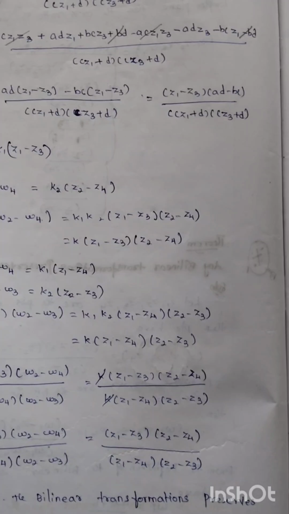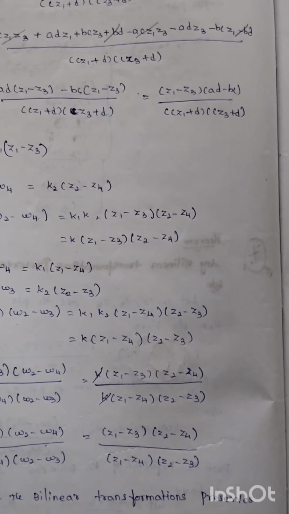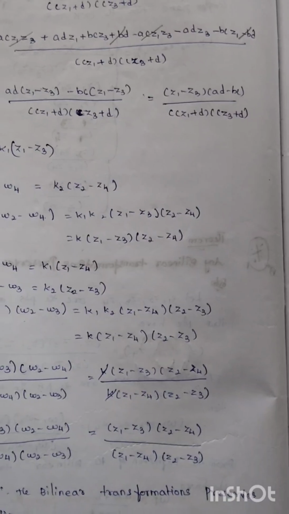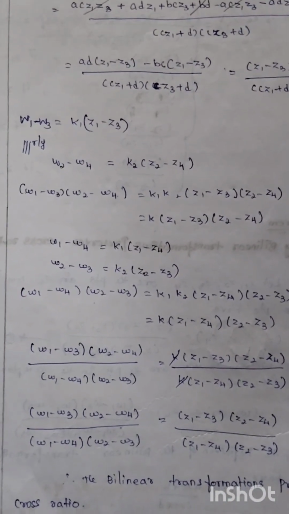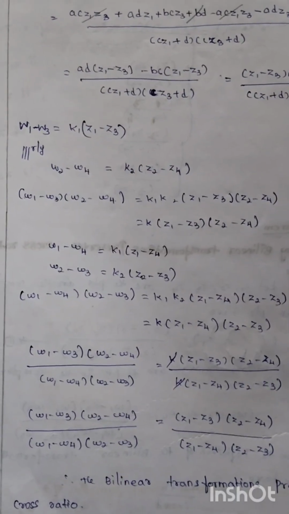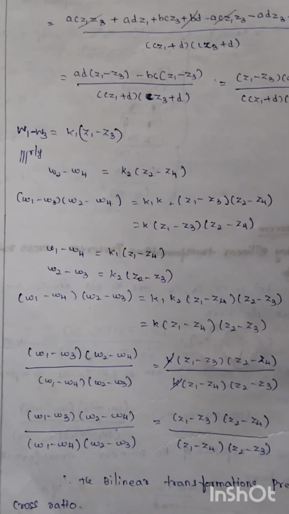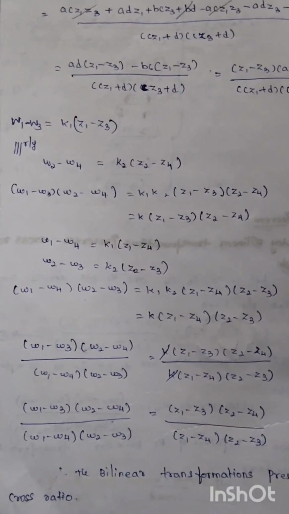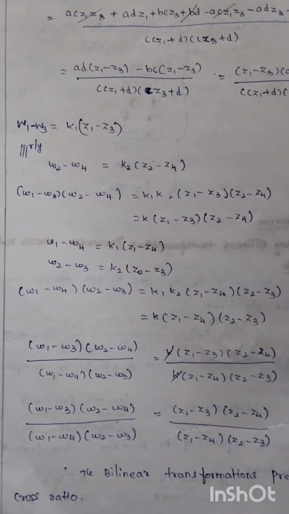Therefore consider K1 into K2 as some K. So K into (z1 minus z3) into (z2 minus z4). Similarly, w1 minus w4 is equal to K1 into (z1 minus z4) and w2 minus w3 is equal to K2 into (z2 minus z3), which gives K into (z1 minus z4) into (z2 minus z3).